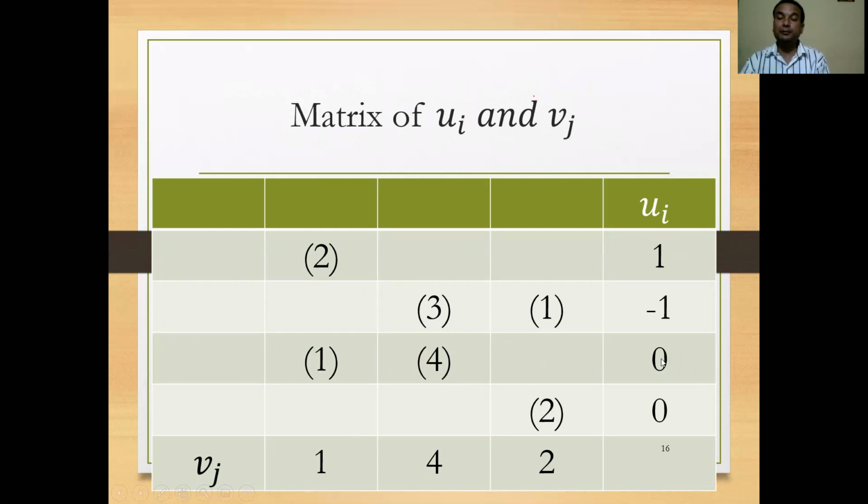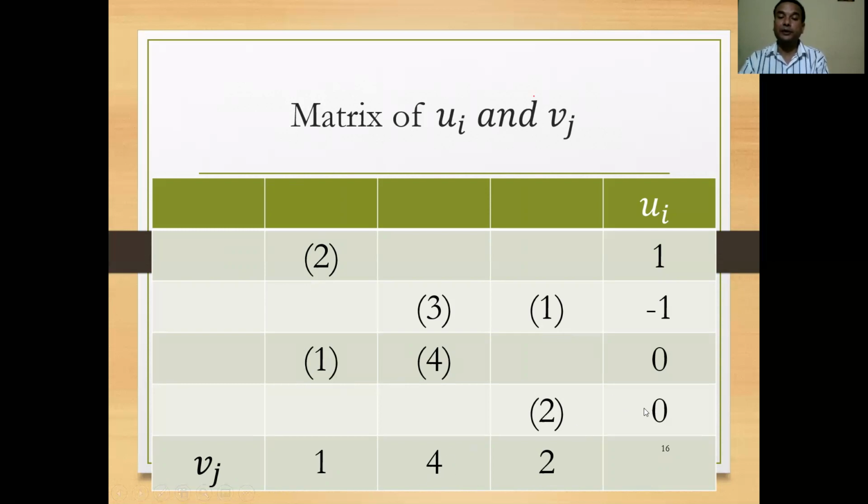Then U3 plus V1 is equal to 1, so 0 plus 1 is 1, so V1 is 1. Then 0 plus 4, so V2 is 4.